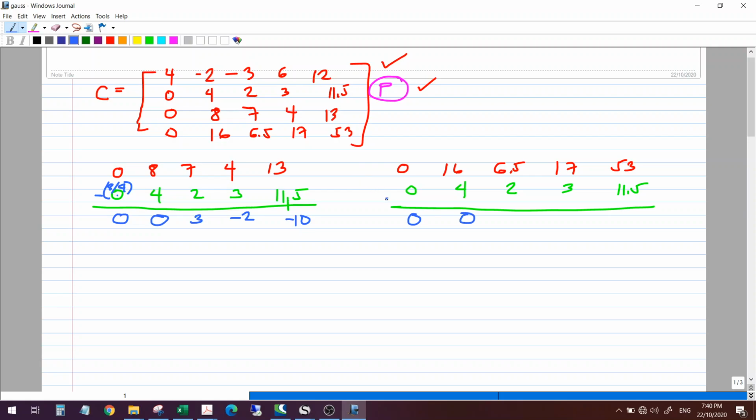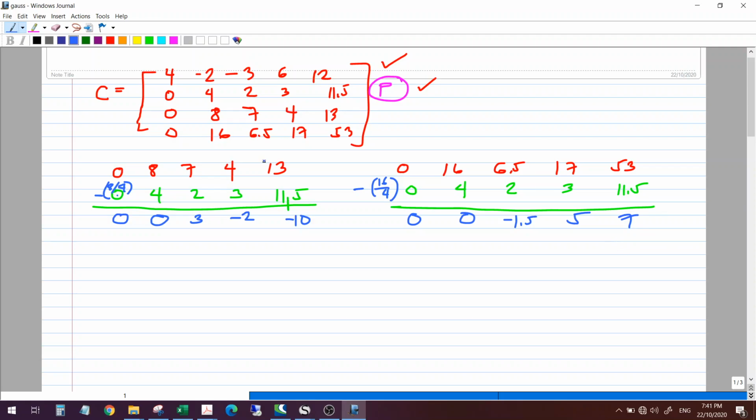By inspection, it should be 16 over 4. So minus 16 over 4. So that becomes 0, 0, negative 1.5. This becomes 5. This becomes 7.